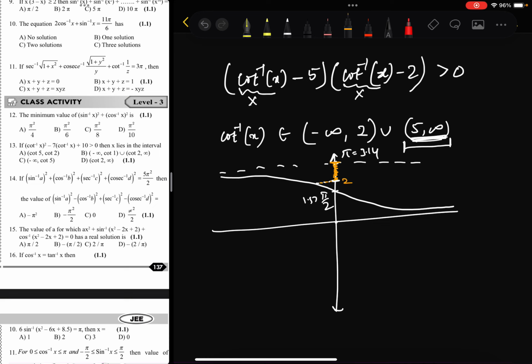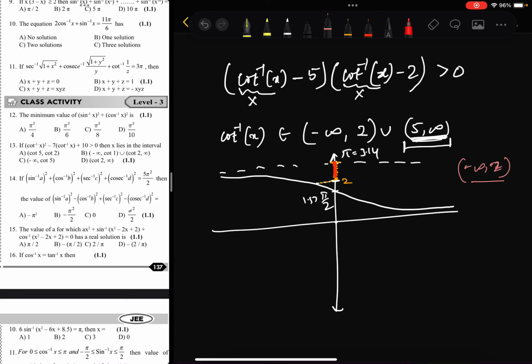Just once again. Cot inverse x lying between minus infinity and 2, that means less than, not greater than. So minus infinity to 2 only, and 2 is not included.